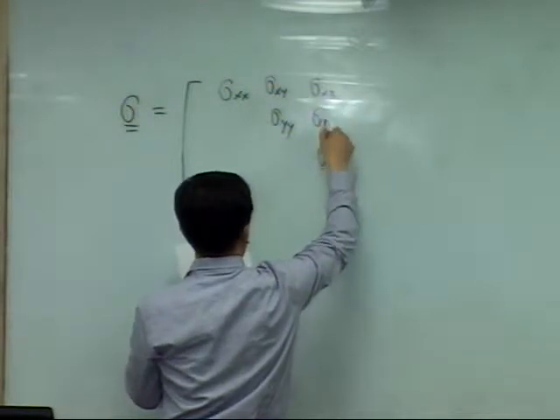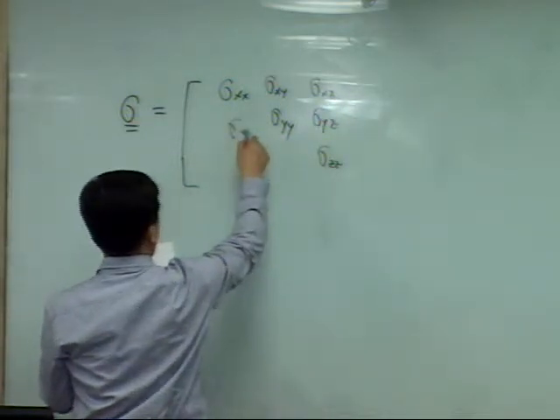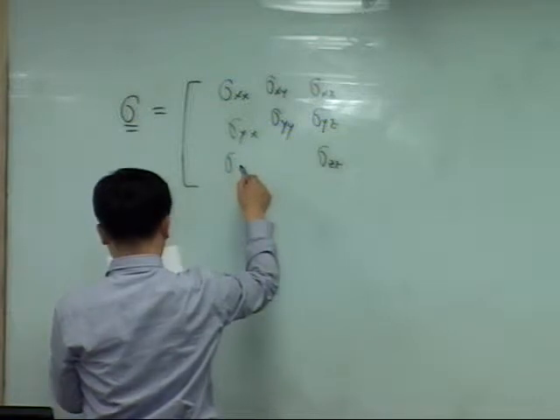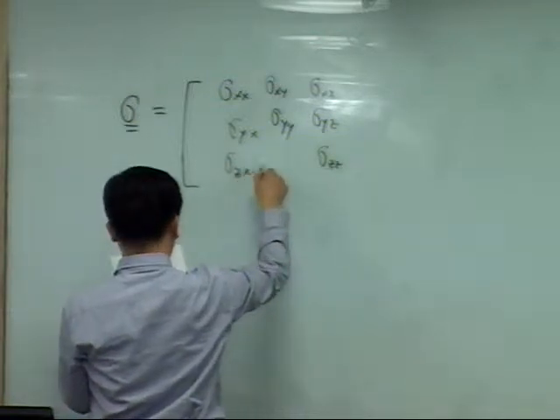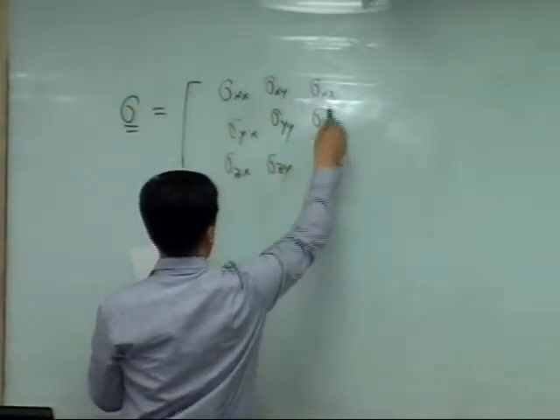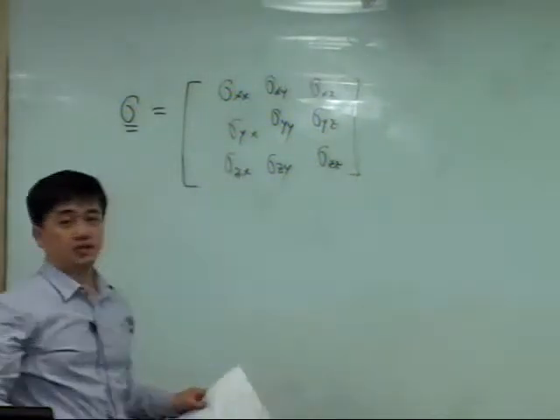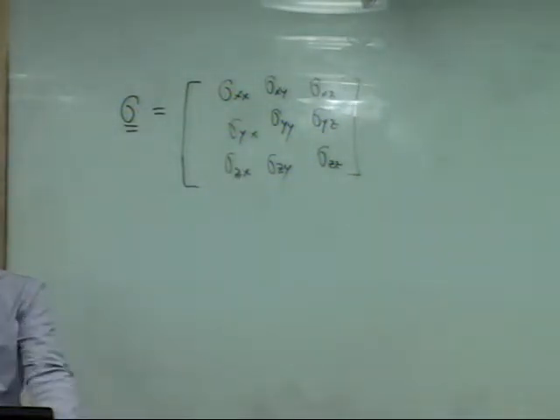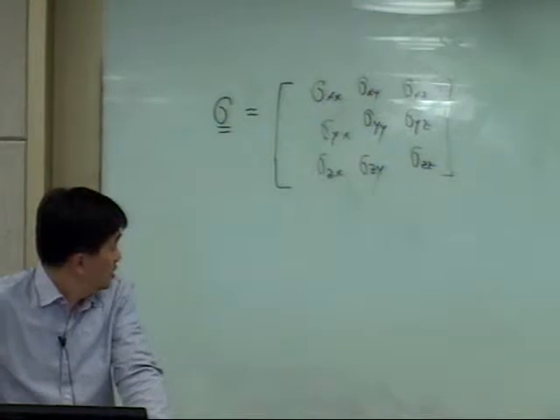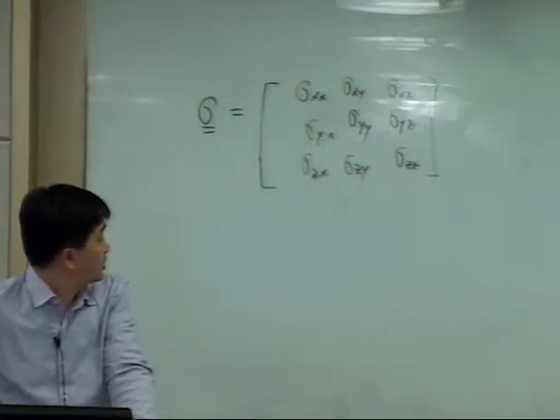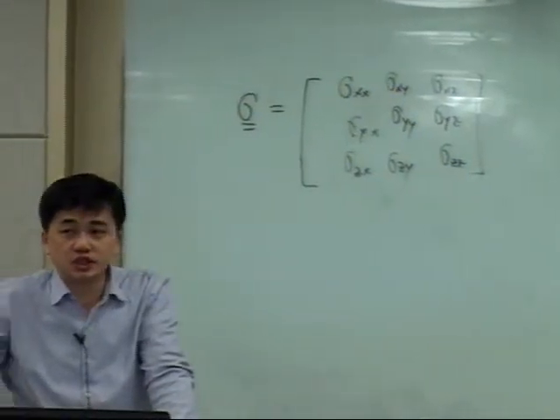Stress tensor has 9 components, from sigma xx to sigma zz.